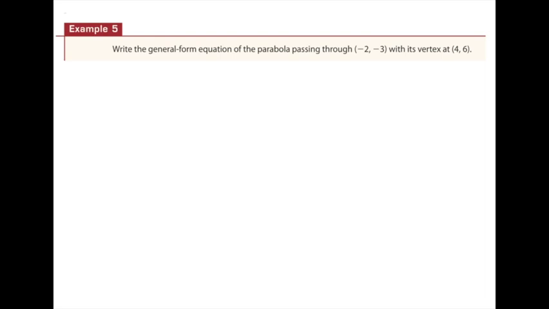And so you can use your standard equations to then generate the rest of it. This says write the general form of an equation, or just the standard form of the equation. And they've given us that it goes through a specific point and it has a specific vertex. All right. So if I have the vertex, I'm actually going to start with my vertex form. So I'm going to say a(x minus h) squared plus k.